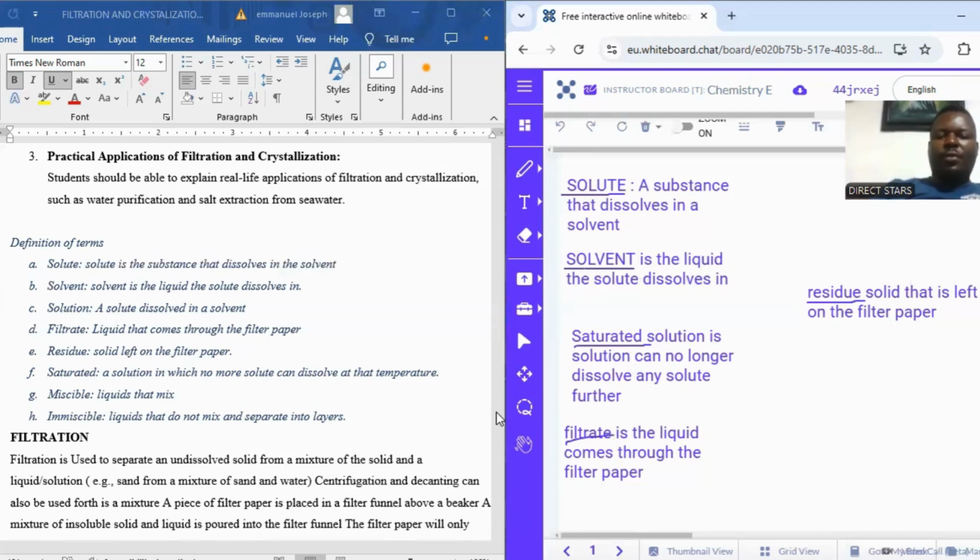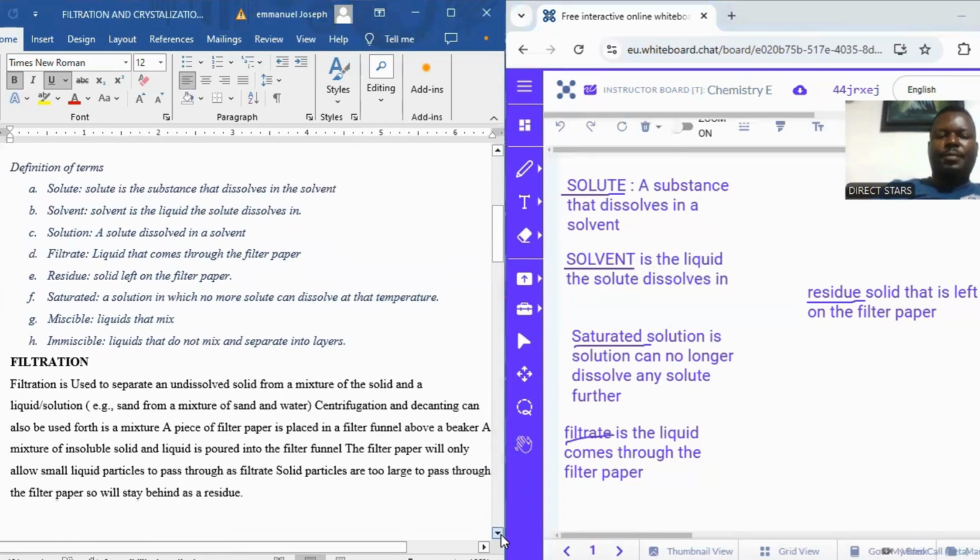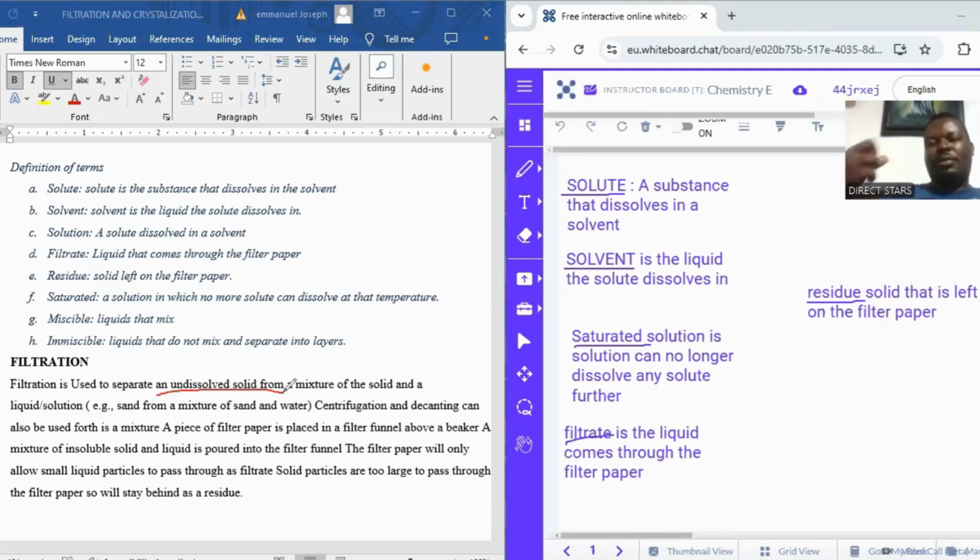So for the sake of time, I will explain filtration. You can check the part 2 of this video to understand crystallization. For filtration, filtration is basically used for a mixture containing undissolved solid in a solvent. It means you can filter.